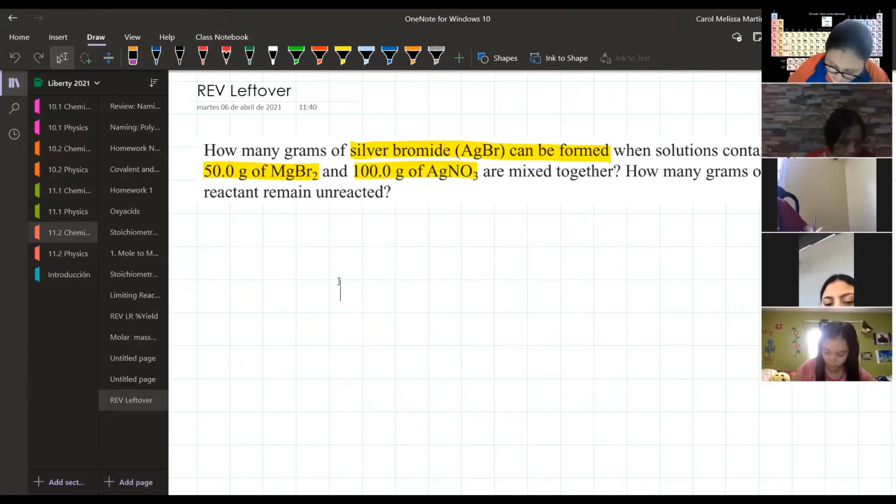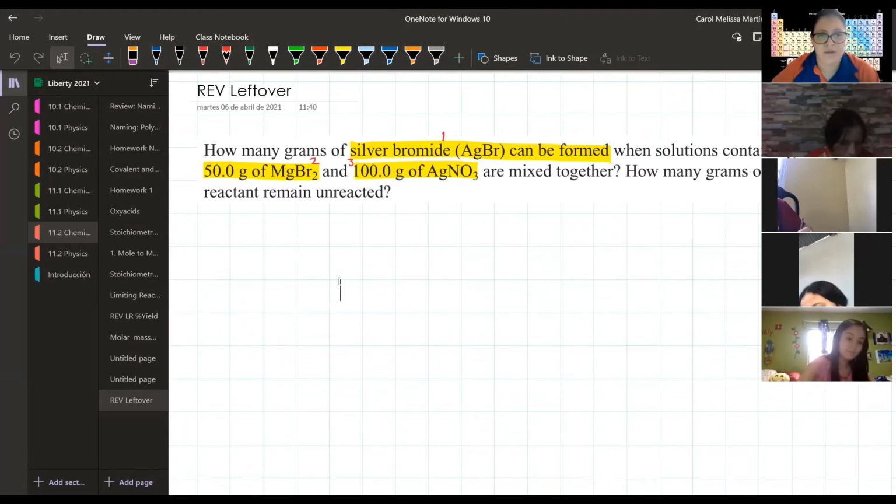So I'm going to give you three numbers of the three substances that are mentioned in the problem. What are my reactants and what is my product? To know that, we need to carefully read the word problem.